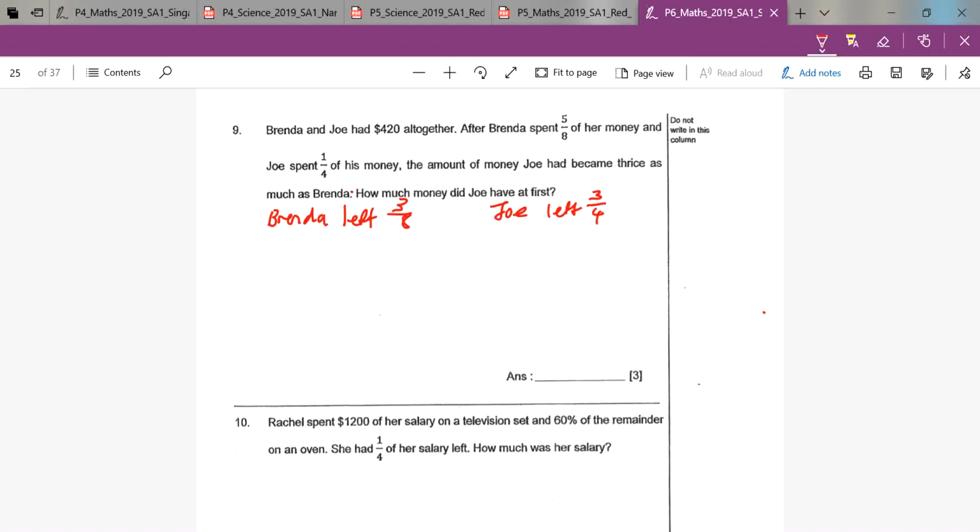So 3/4 of Joe is basically 3 times of 3 out of 8 of Brenda. Agreed? And that would be 9 out of 8 of Brenda.